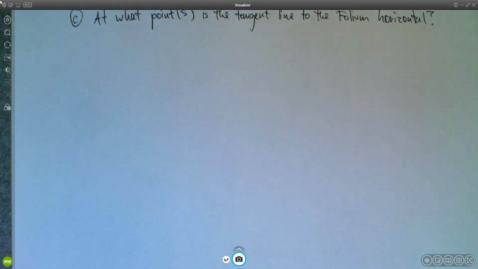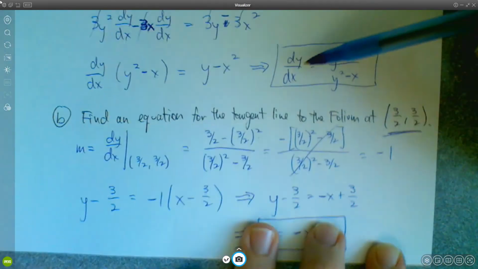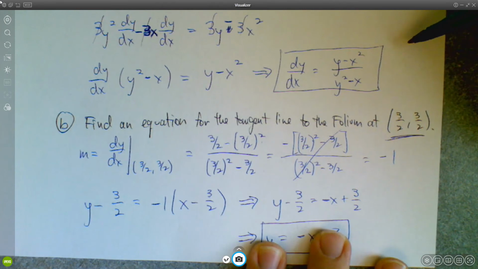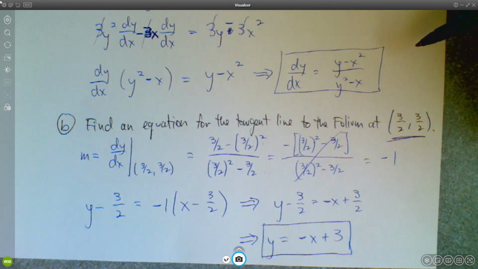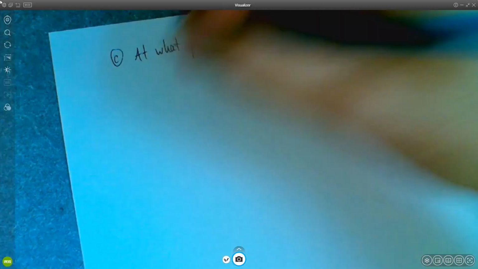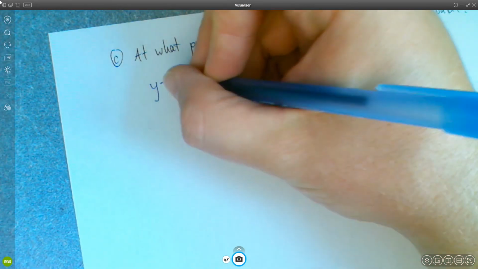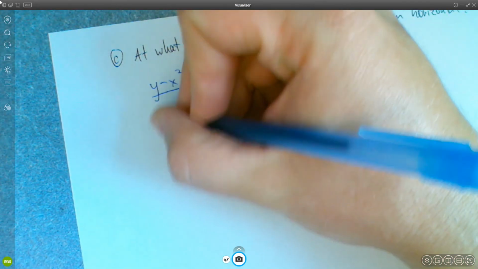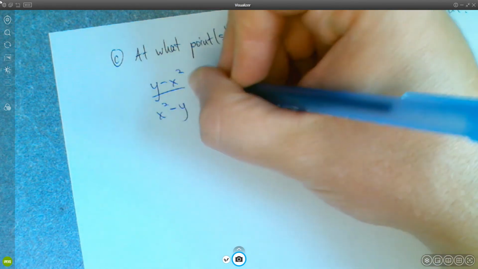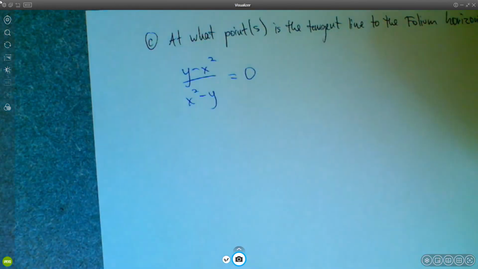But to figure out where it would be horizontal, we need to set the derivative equal to 0, right? Because the slope of a horizontal line is 0. And so we need to set this thing equal to 0 and then solve. I'm going to say y minus x squared over x squared minus y needs to equal 0.